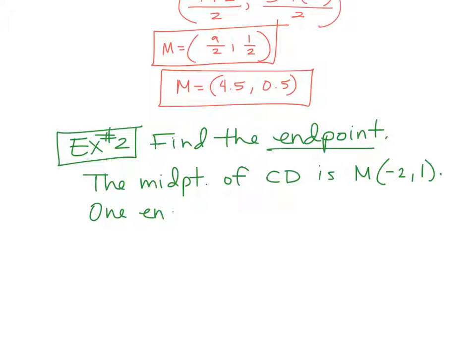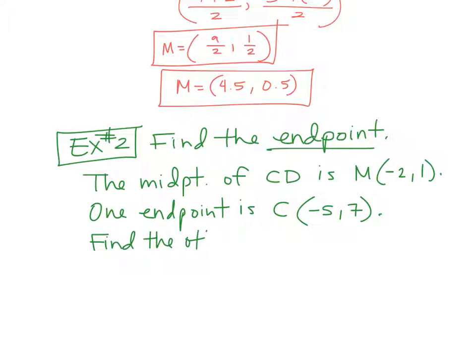One endpoint is C, which is (-5, 7). Find the other endpoint, D.